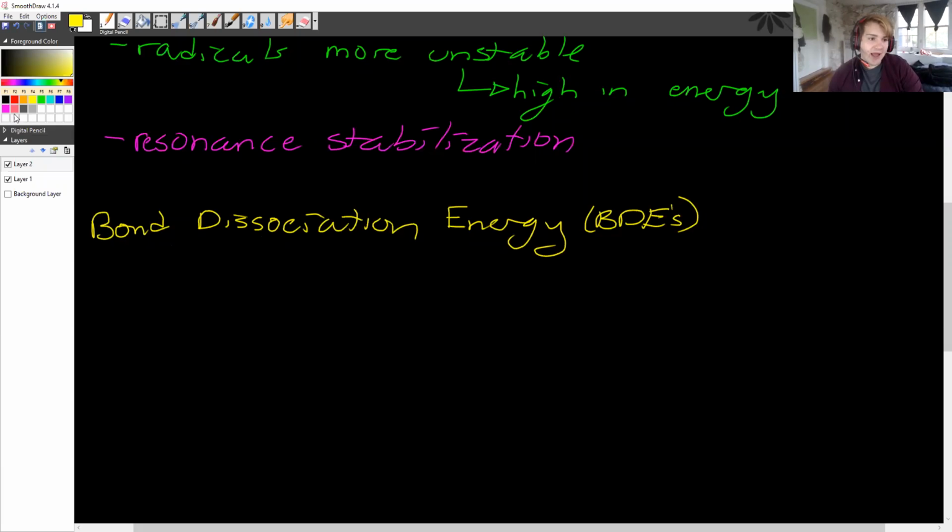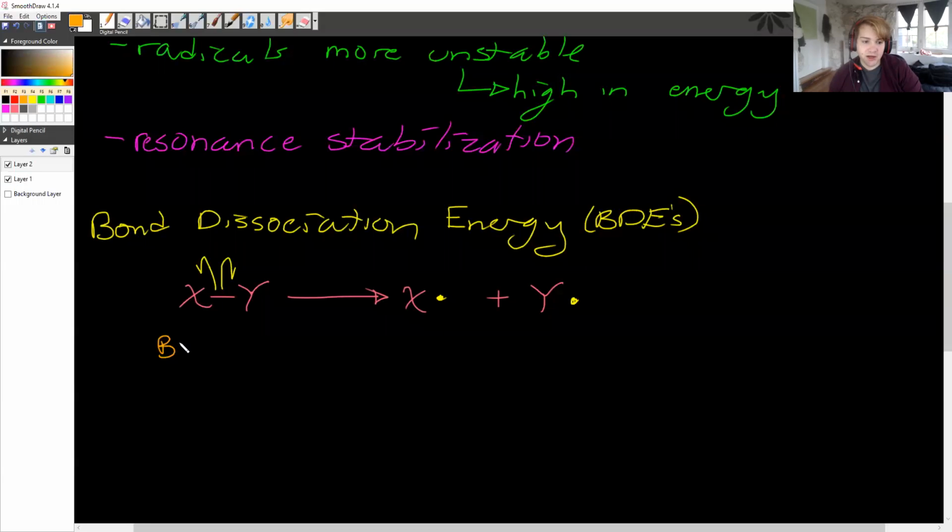So if we have a bond of X and Y, and we're doing a homolytic dissociation between X and Y, we know we're going to be left with X radical and Y radical. And we can talk about the amount of energy associated with this dissociation of the bond.